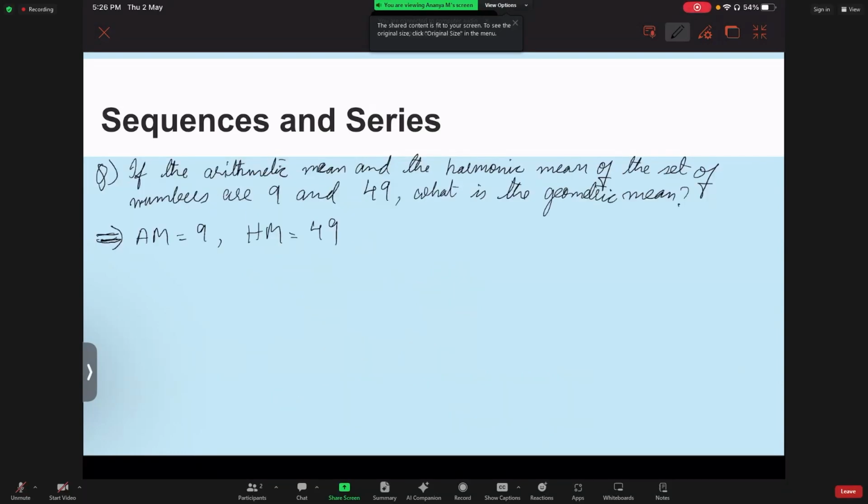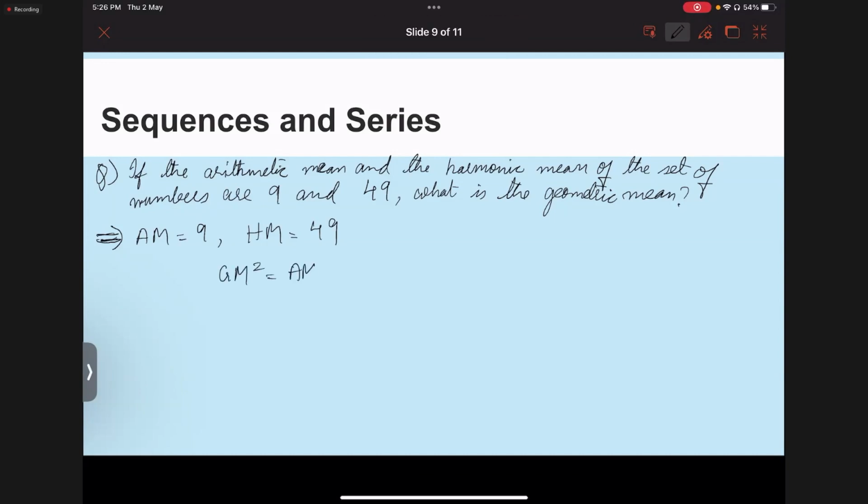Now the relation that we are going to use is geometric mean squared equals AM into HM.